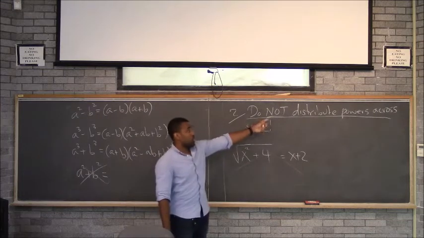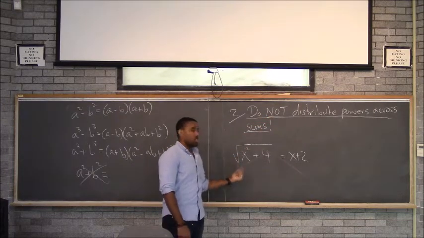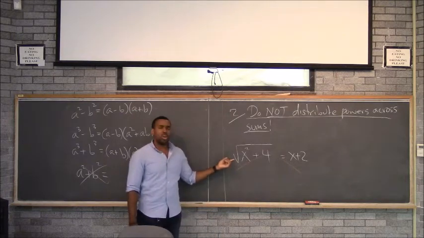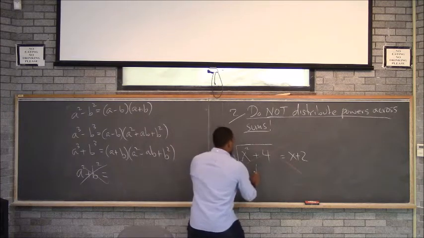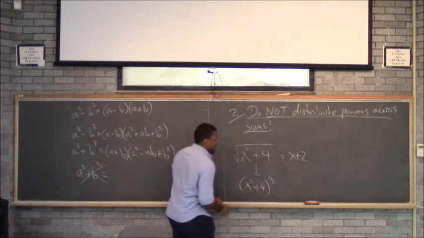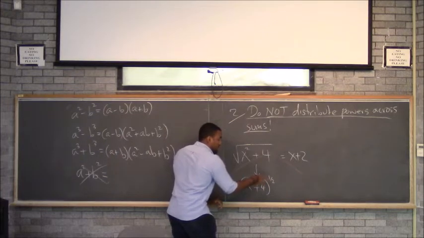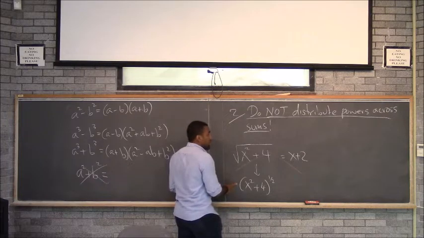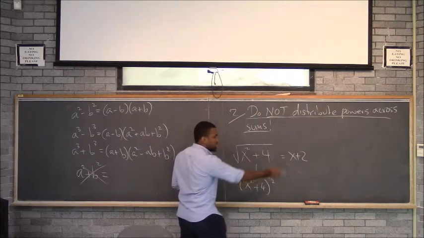Because that is actually just spreading a power across a sum. Remember that a radical is just a power. In particular, what is the square root as a power? It's the 1/2 power. So when you see this, it's really this. And you can't take that power and put it here and get that. That is illegal. And this one, it's not even like the last one where you just missed a middle term.